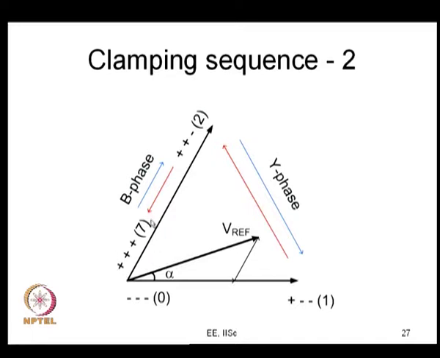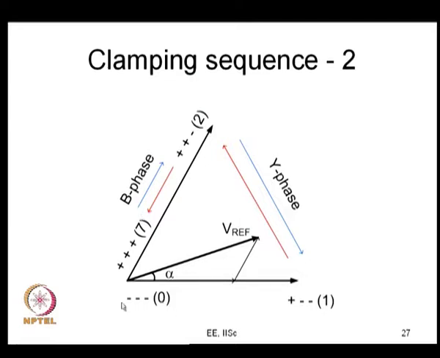Then you switch your B phase, you go to plus plus minus, stay there for T2 seconds, then switch Y phase, go to active state 1 and stay here for T1 seconds. That is the end of the subcycle. In the next subcycle, stay here for T1 dash seconds, switch Y phase, go to active state 2 and stay here for T2 dash seconds and switch B phase and stay here for Tz dash seconds. So, this is again another clamping sequence.